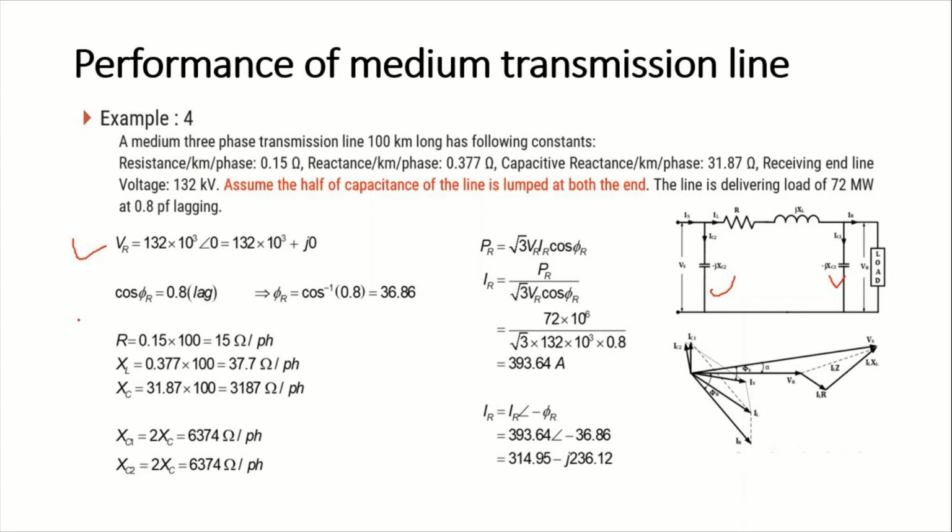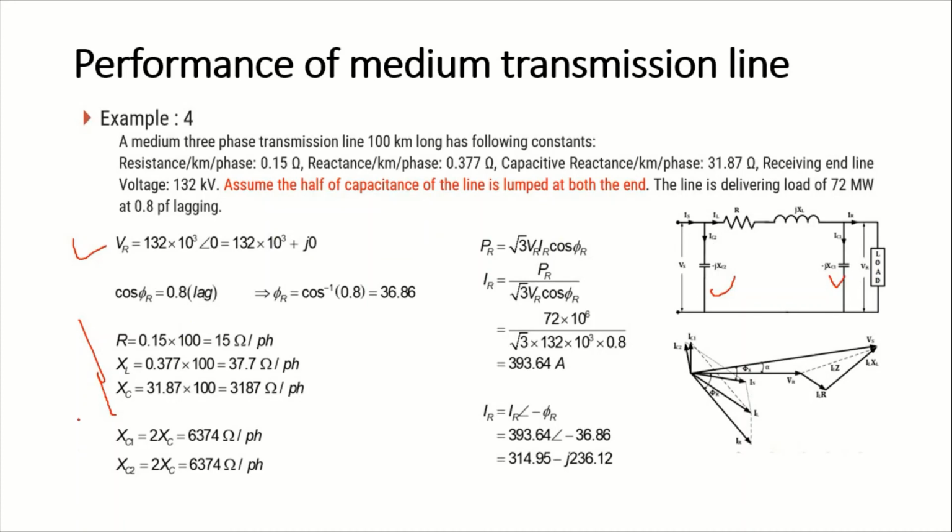Now resistance, inductive reactance and capacitive reactance are multiplied by 100, because all the values given are per kilometer per phase. So we multiply with the length of the transmission line, and we get all the values.